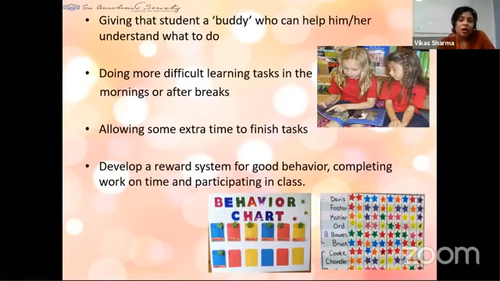Doing more difficult learning tasks in the morning time. Why, teachers? Whenever we have sessions with the students and the parents, this is our motto: whatever subject the child starts with right in the morning, it can be maths, science, or any favorite subject, if he or she starts with the subject he likes, I am very sure the whole day will go very well.